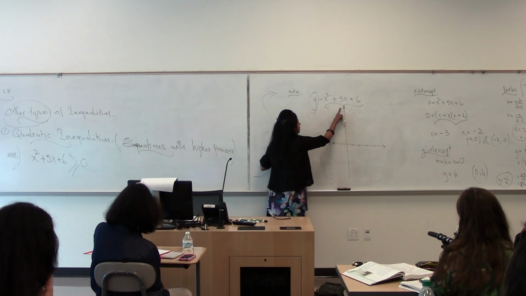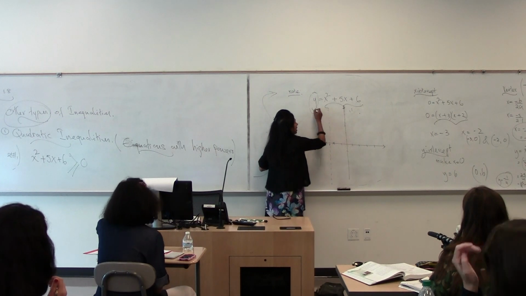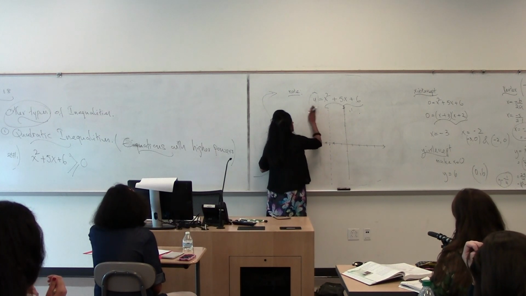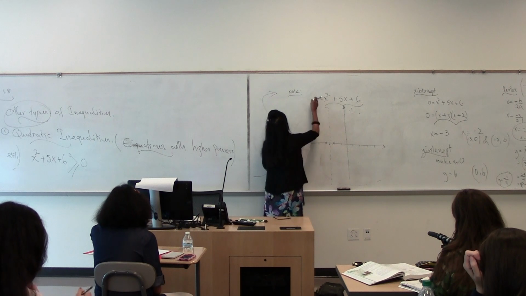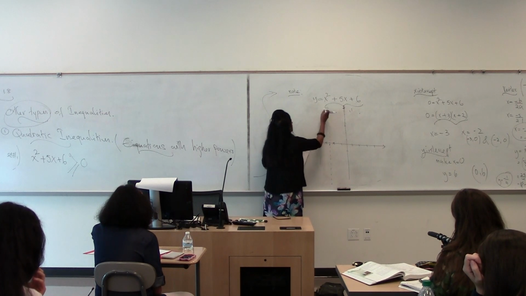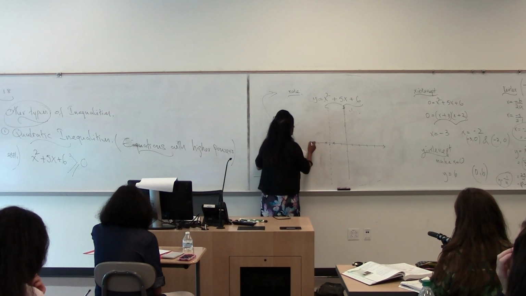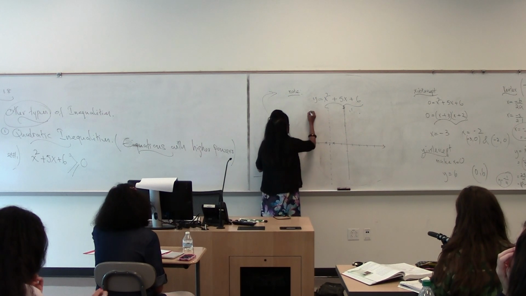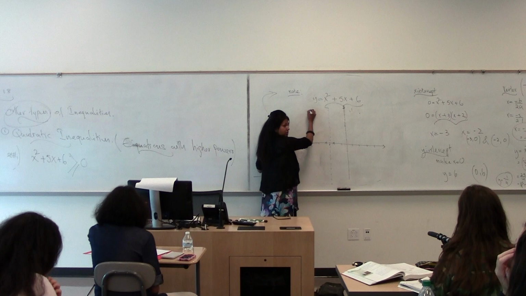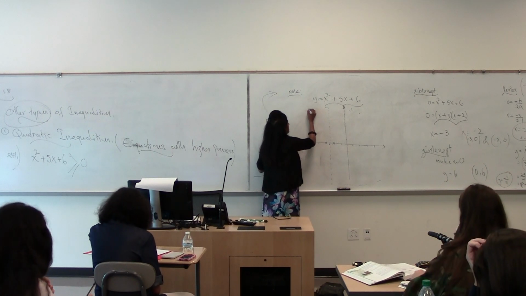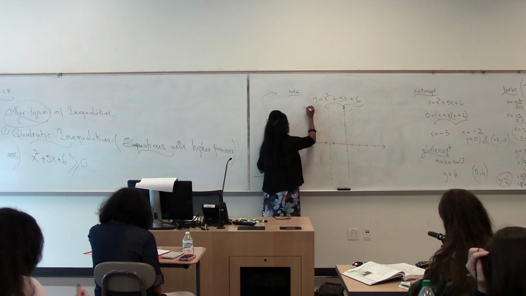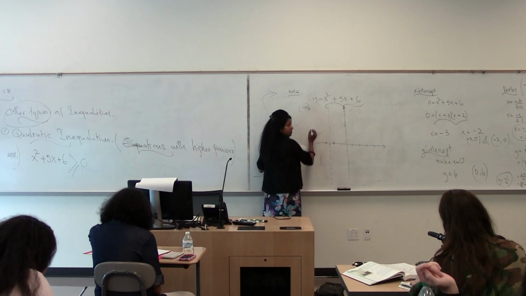It is 2.5 away, so 2.5 going to this side. What is that going to be? Negative 5. So this point is negative 5 and 6, right?